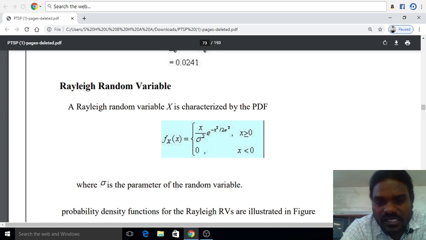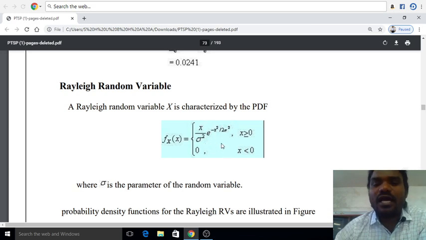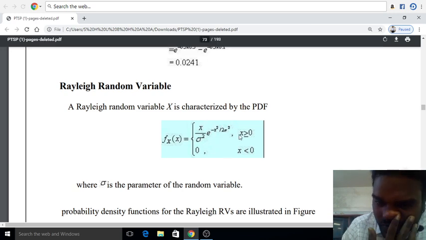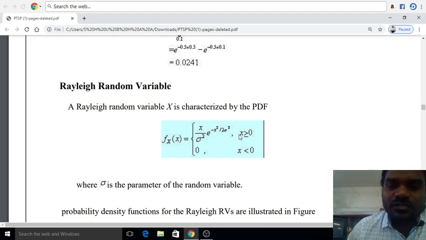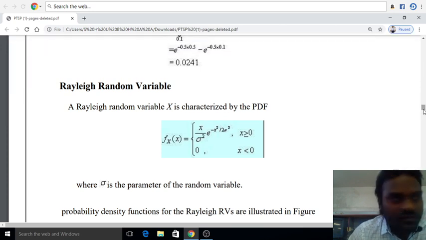When x is less than 0, as I have just explained, the value will be 0 only. So only for x greater than or equal to 0 can we get the PDF of the Rayleigh distribution. Here sigma is the parameter of the random variable, and you can give the name variance of that random variable.